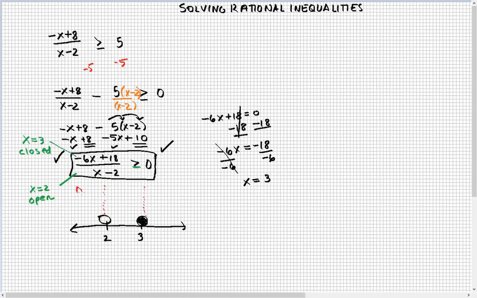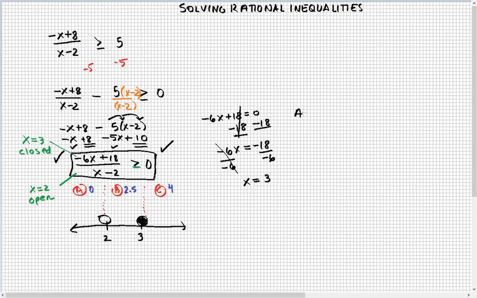I'm going to call this one region A to the left of 2, region B in between 2 and 3, and region C greater than 3. Now I have to pick numbers in those regions. What's a number less than 2? 0. What's a number between 2 and 3? 2.5. What's a number greater than 3? 4. These are the numbers that I'm going to test.